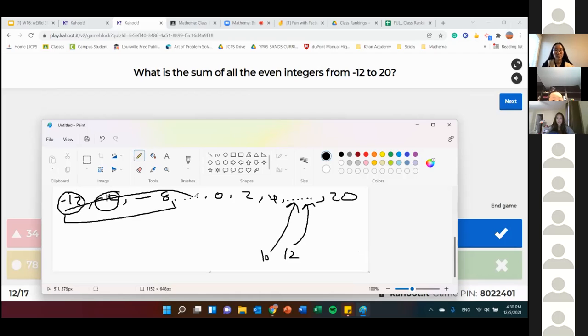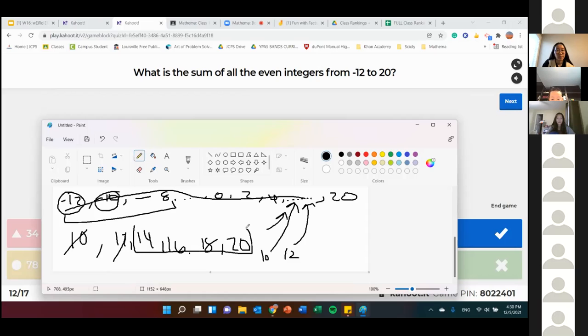So this whole part is canceled until there's 10, 12, 14, 16. I'm just starting somewhere in the middle here. 18, 20. And the 10 got canceled out, the 12 got canceled out. But these 4 numbers don't have a negative number to cancel them out. There's only 4, so you could just add it manually.